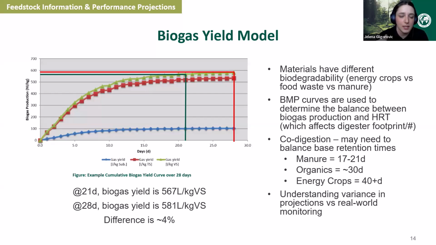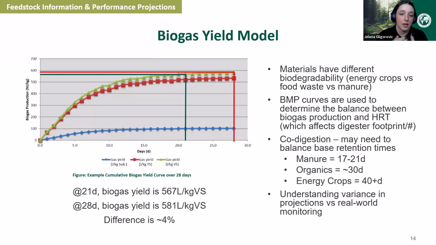So the difference between these two biogas yields is about 4%. But the difference between the retention times, or the amount of time that it spends in the digester, is 7 days. So 7 days of retention time means a higher digester volume that you need to maintain, to keep the material in the digester for that long, and that also means a larger digester footprint.